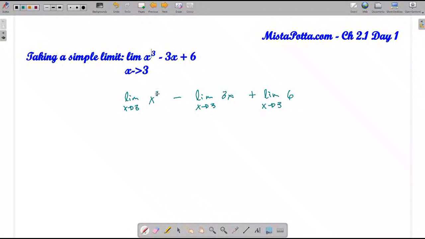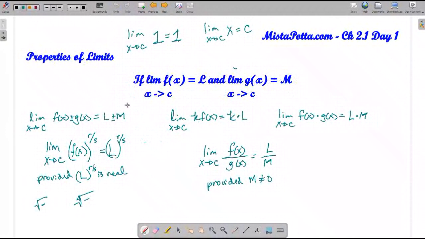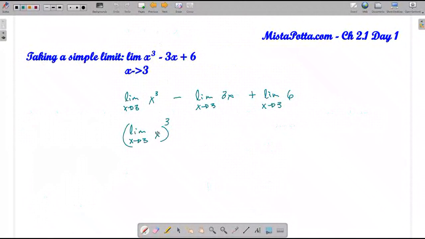And we notice that whenever we had a power, I could really find the limit as x approaches 3 of x and raise that limit to the third power. This is one of the properties of limits that we were talking about on the previous page, this property of raising to the r over s power. Because x is approaching 3, this will end up being an actual value, a real number.